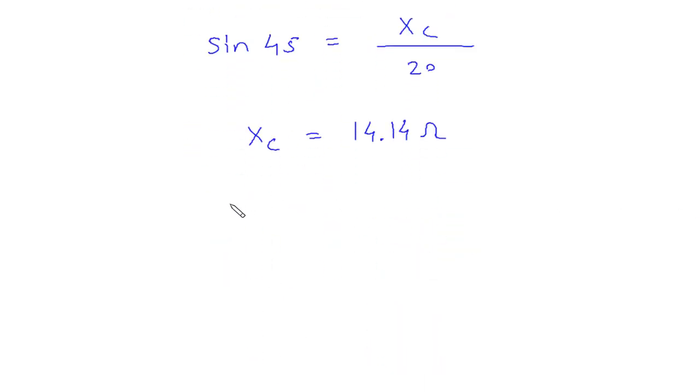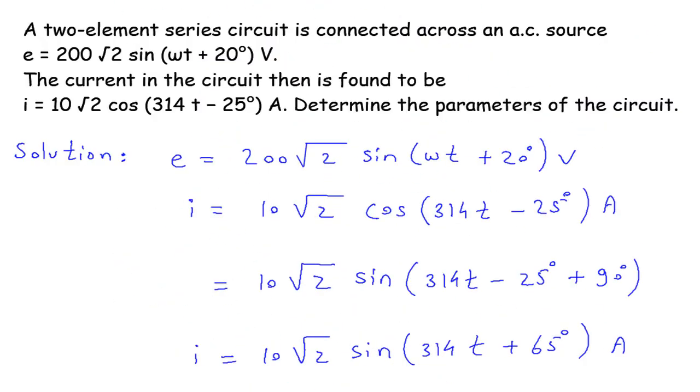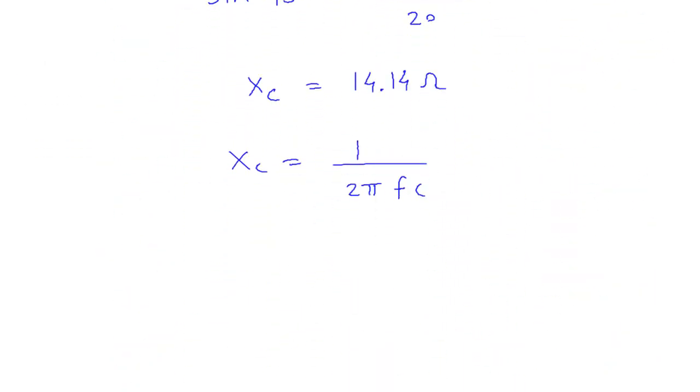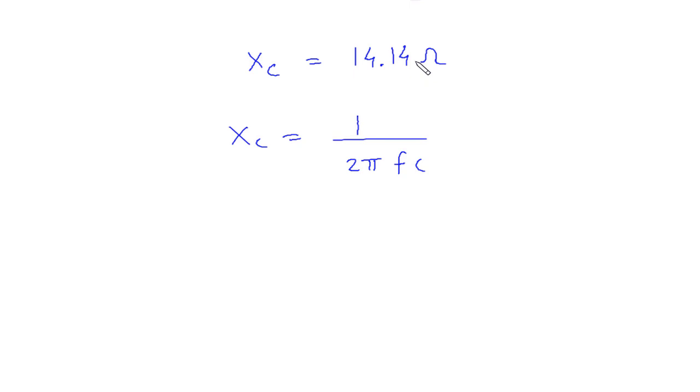Now we have Xc is equal to 1 upon 2 pi F C. Frequency is not given, so we can take 50 Hertz as the frequency. So Xc, 14.14, is equal to 1 by 2 pi F C, with F equal to 50 Hertz.